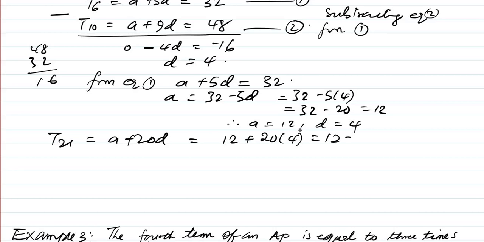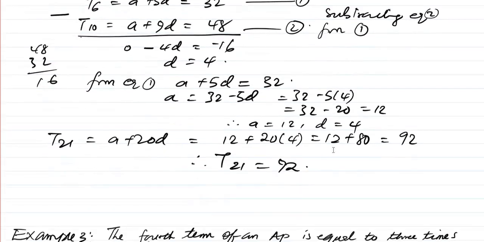That will give you 12 plus 80, and that gives you 92. Therefore, T21 is equal to 92. The 21st term of that AP is 92.